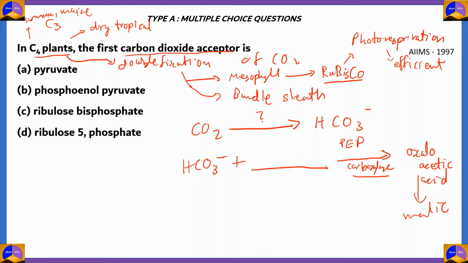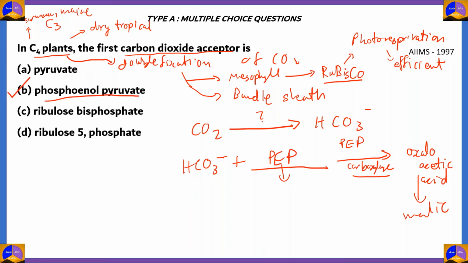And so when the term carboxylase is present, the term refers that the hydrogen carbonate ion will be fixed onto the acceptor, that is the prefix. So here it is PEP that is the first carbon dioxide acceptor. And this PEP can be written in its full form as phosphoenol pyruvate. So option B is the right option.